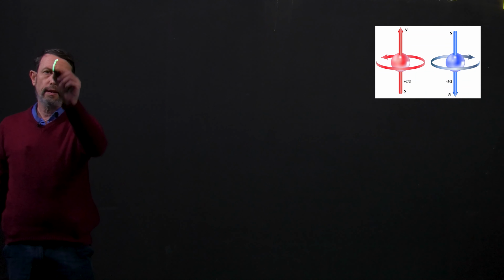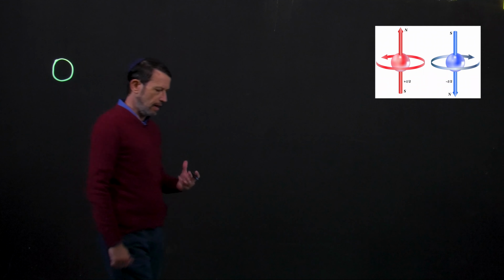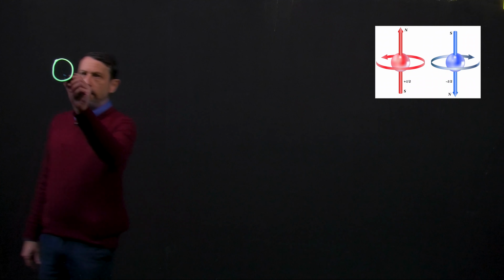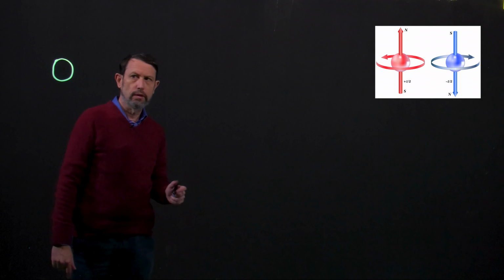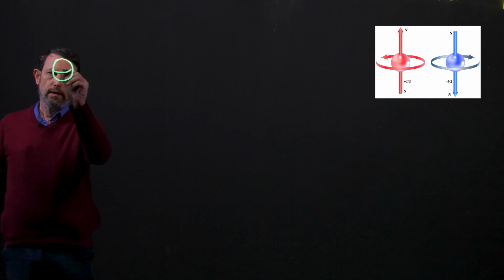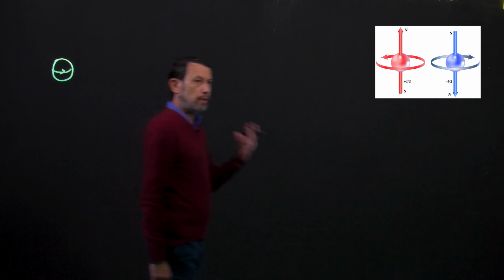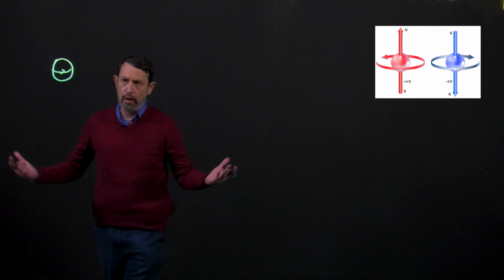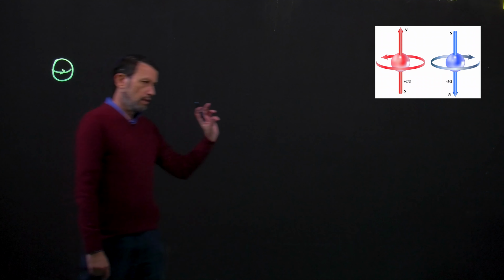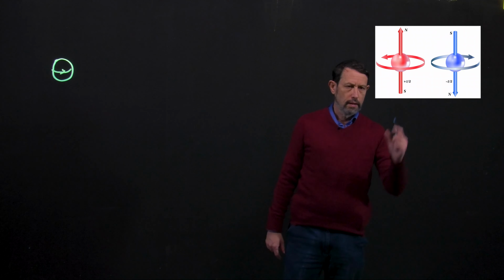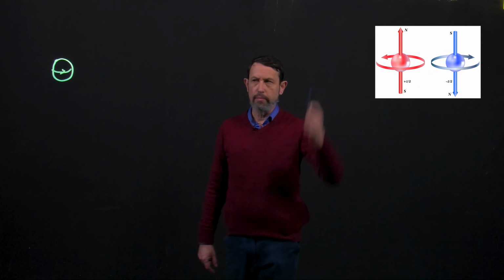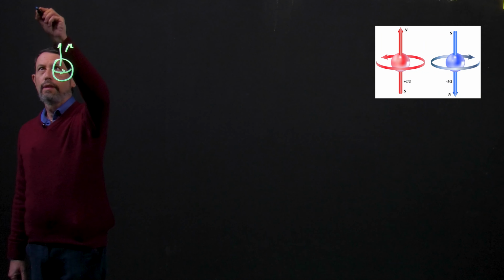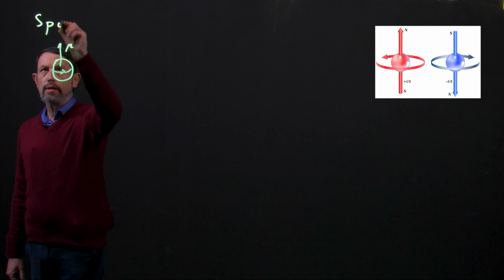An electron, we can think of it as a particle, like a hard sphere. It has charge. This particle spins, turns around like a ball that you spin. Spinning it causes currents. These currents create a magnetic moment, and that is the explanation for the electron spin.